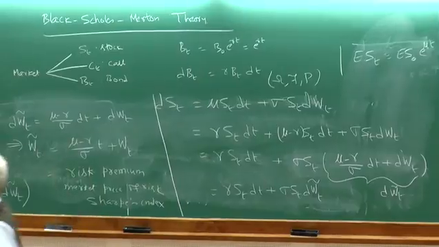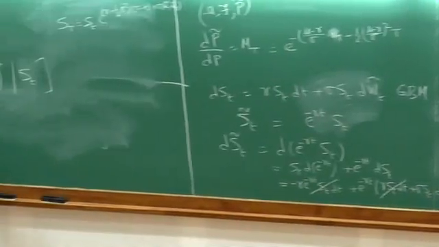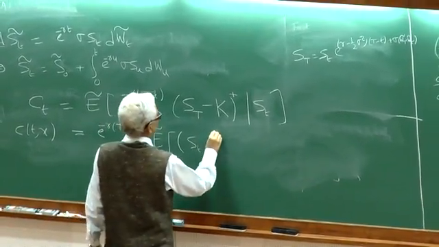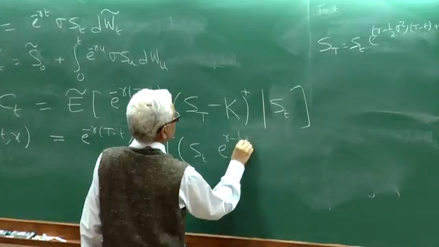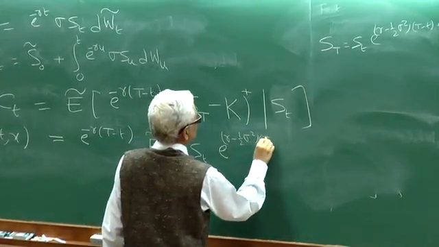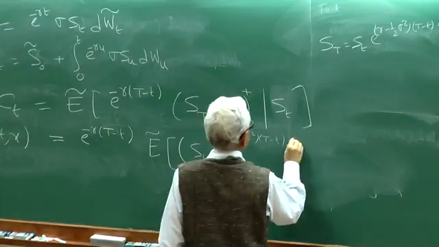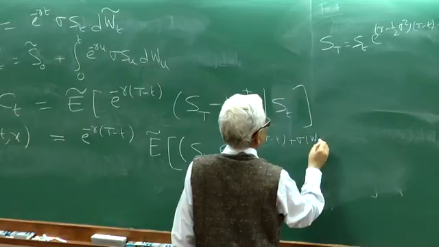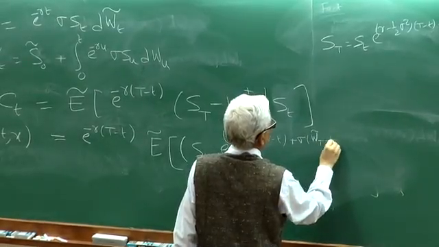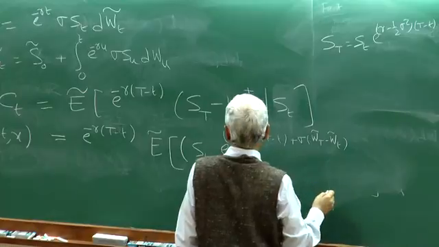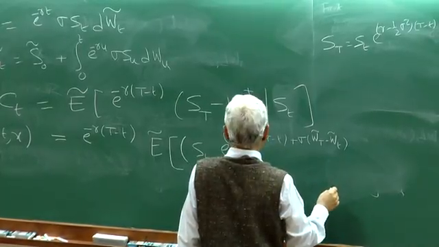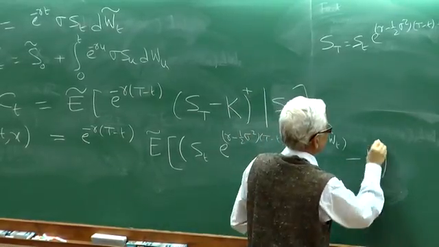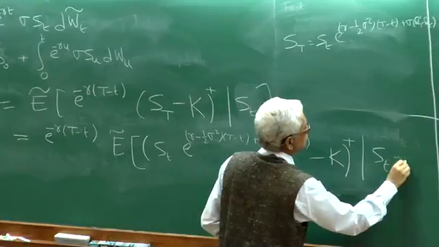So ST is St times e to the power (r minus half sigma square)(T minus t) plus sigma (WT tilde minus Wt tilde), minus K plus, given St equal to x.